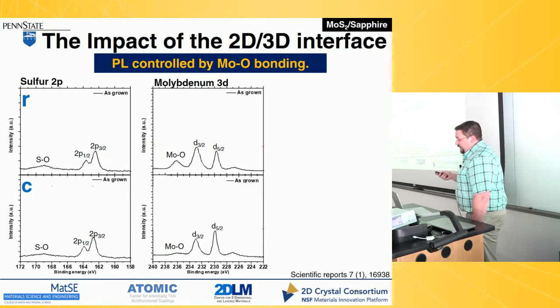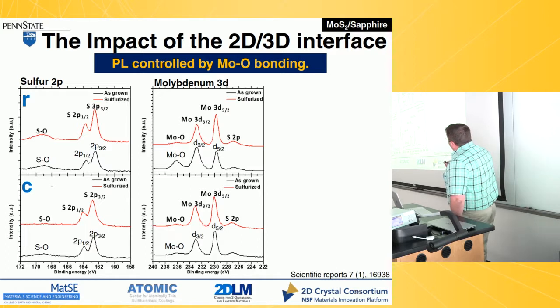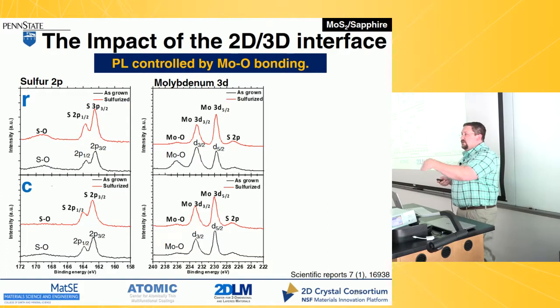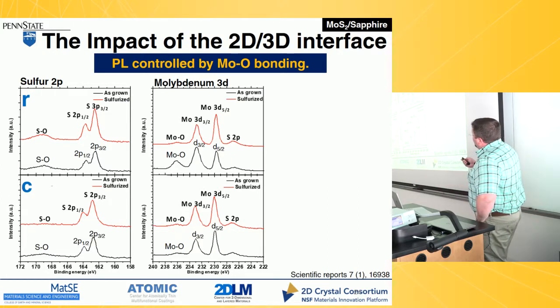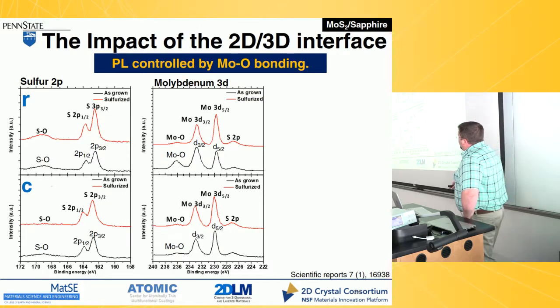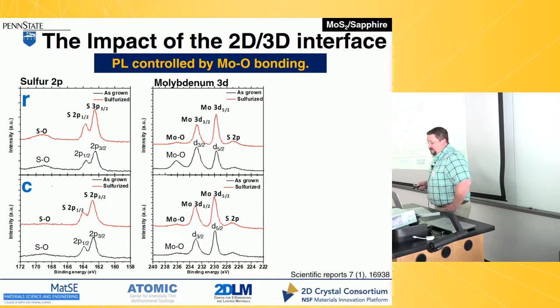So we wanted to verify that, and we annealed the material post-growth. We took it back, stuck it in sulfur, and left it in sulfur at high temperature for an hour or two, and we were able to dramatically reduce this molybdenum-oxygen bonding. And there's not a lot of other differences in this particular case.